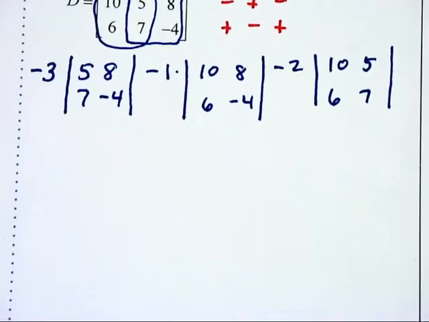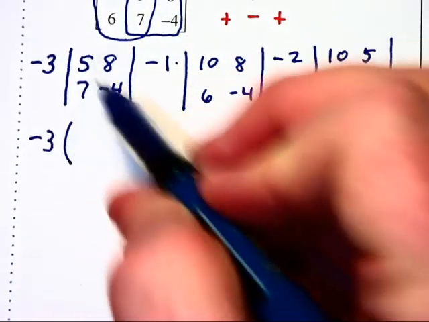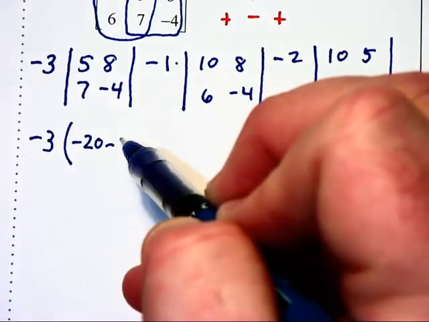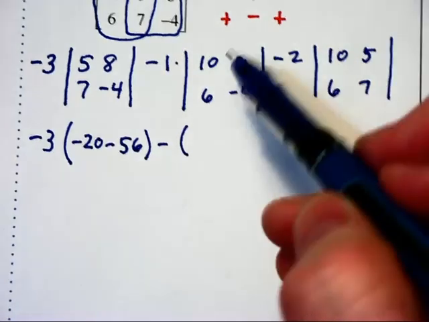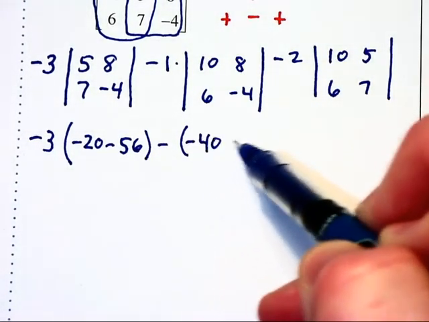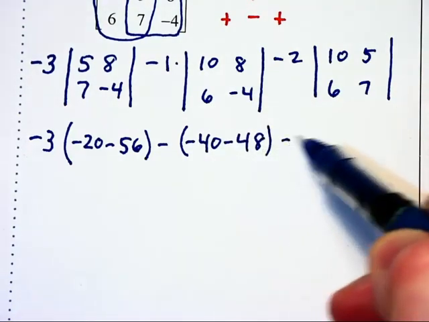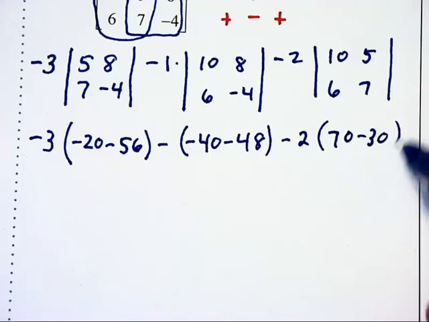Okay, now we evaluate this expression. We have -3 times first diagonal, -20, minus the other diagonal of 56, minus next matrix, 10 times -4, -40, minus diagonal going up here, 48, minus 2 times 70 minus 30.